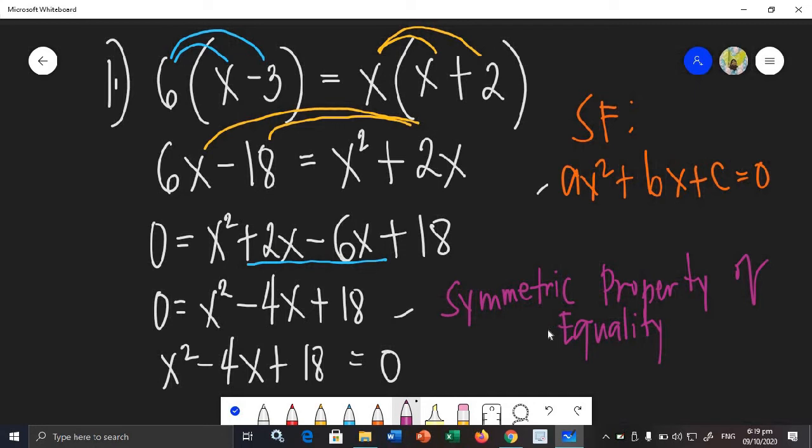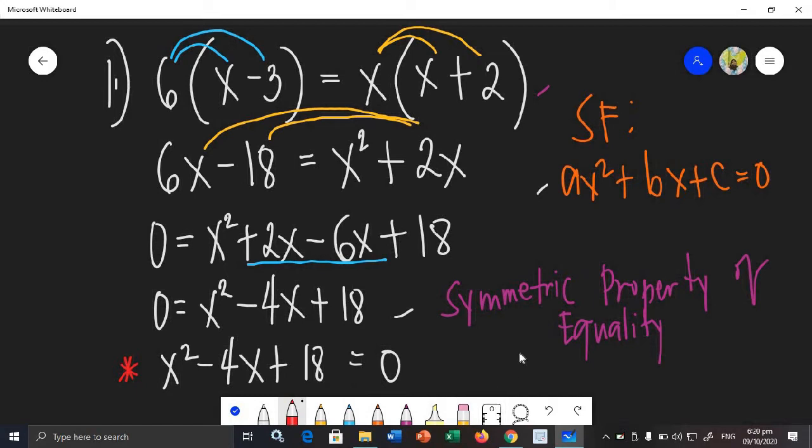Meaning, kahit na sinong mauna or papagbaliktarin mo yung position, same pa din naman ng value yung buong equation. Therefore, ang equation na ito, na hindi naman quadratic equation, ay equal pala dito sa x squared minus 4x plus 18 equals 0.